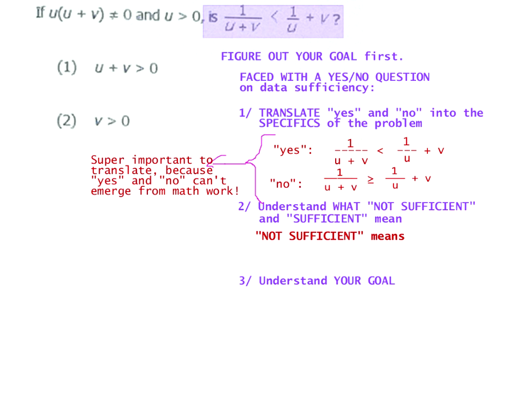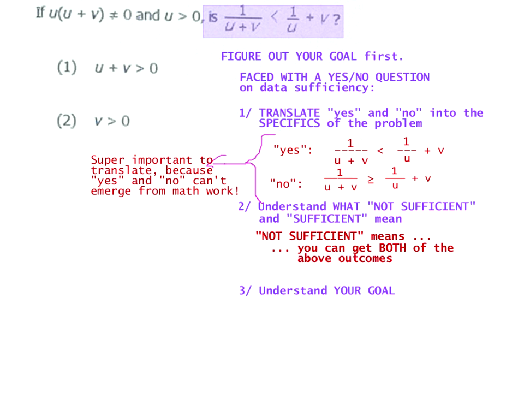Maybe is not something you can try for. Yeah, that's a concrete outcome. Not sufficient means that you can get yes, you can get both of these things. Don't say maybe, because you can't try for it.